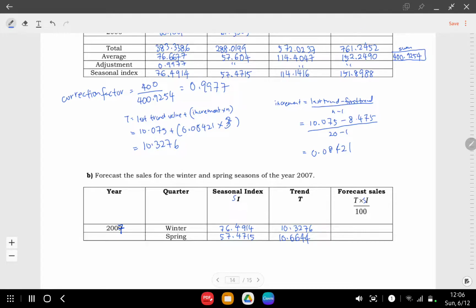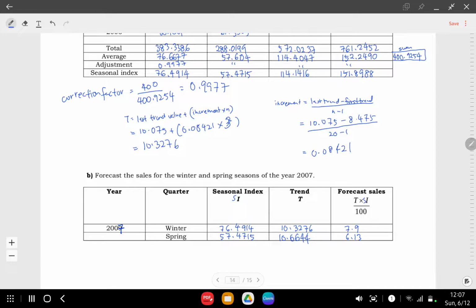And then if we need to forecast the sales for 2007's winter and spring, we need to use this formula: T times the seasonal index, divided by 100. So here is 7.9 and 6.13.